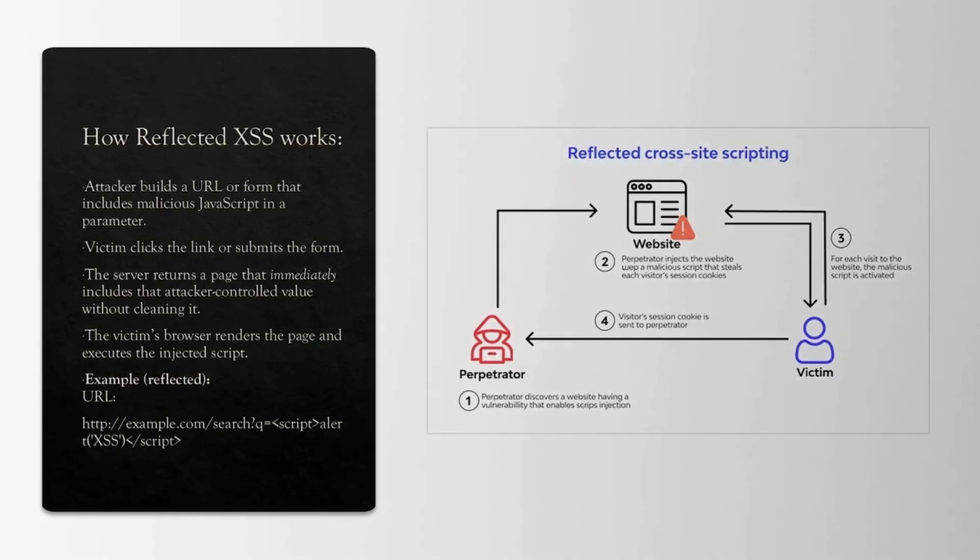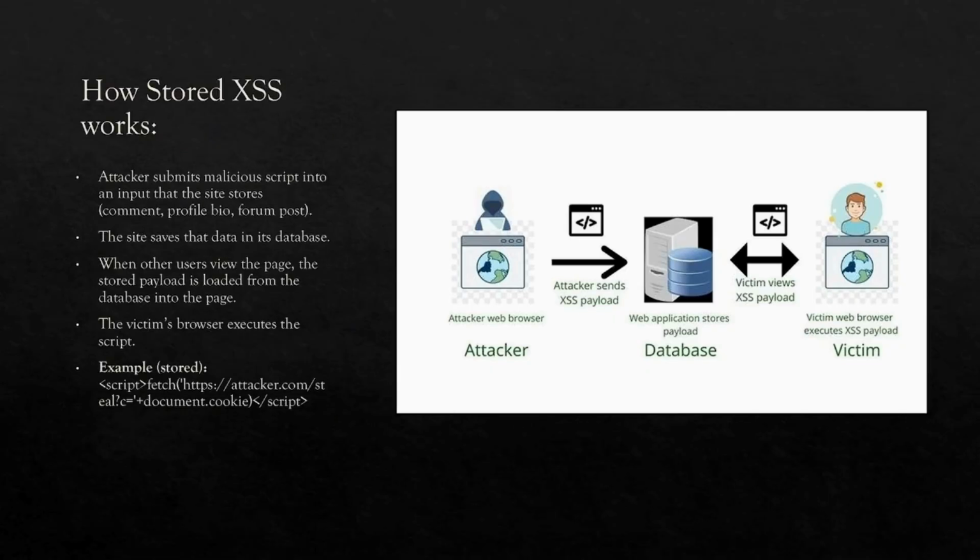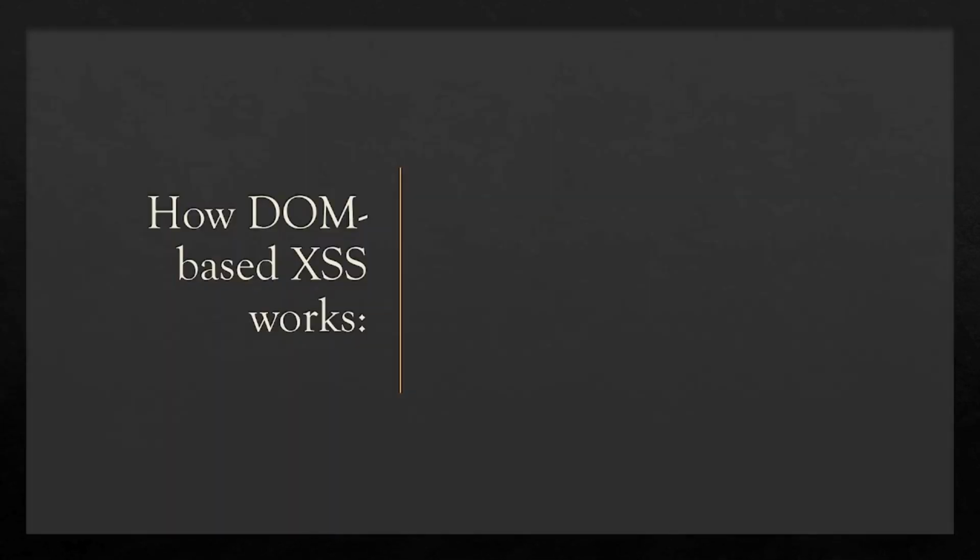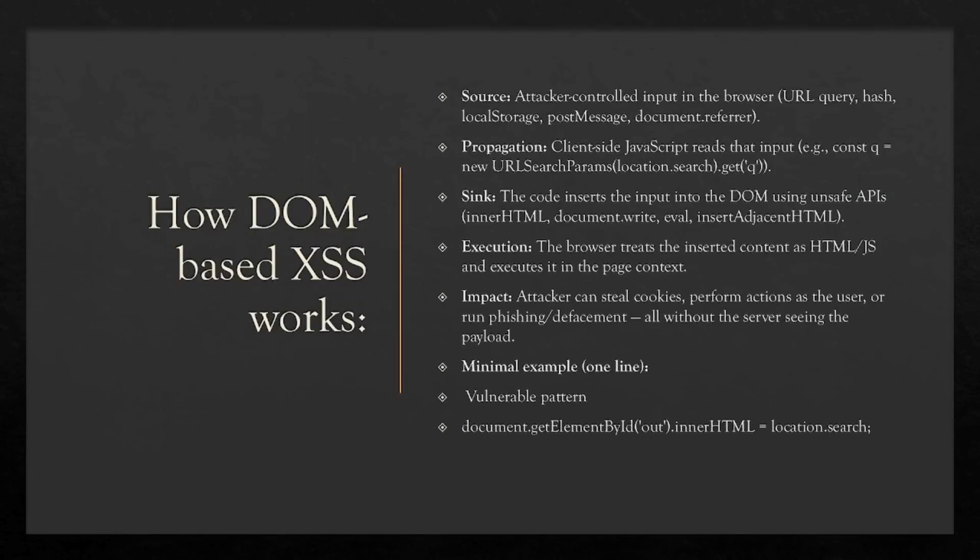The last one is DOM based. So how does DOM based work? In very plain terms, first the attacker puts data into the browser, for example in the page URL, hash, local storage, post message, or even document.referrer.